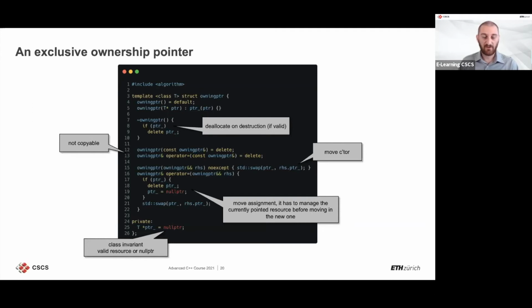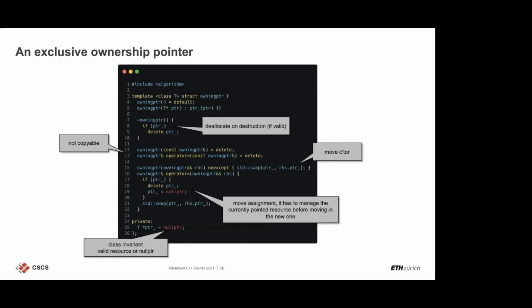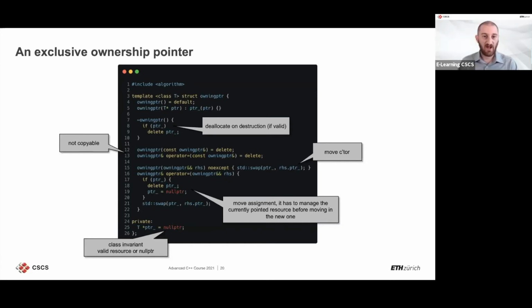The owning pointer has a default constructor, which is explicitly defaulted. So it will just initialize the class invariant, the private member pointer at line 25, with nullptr.